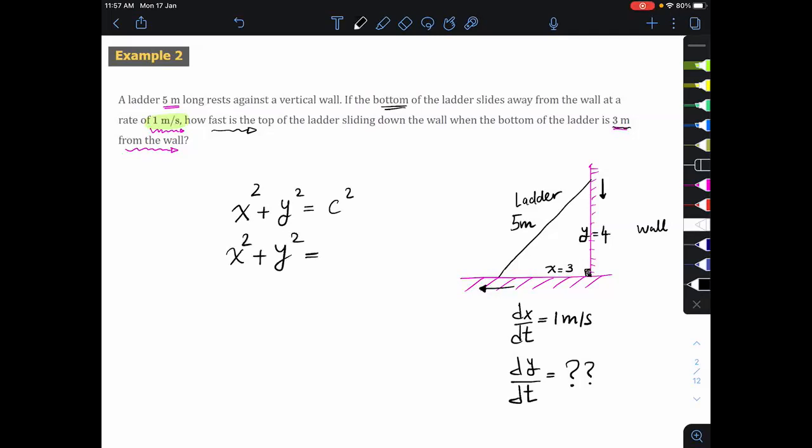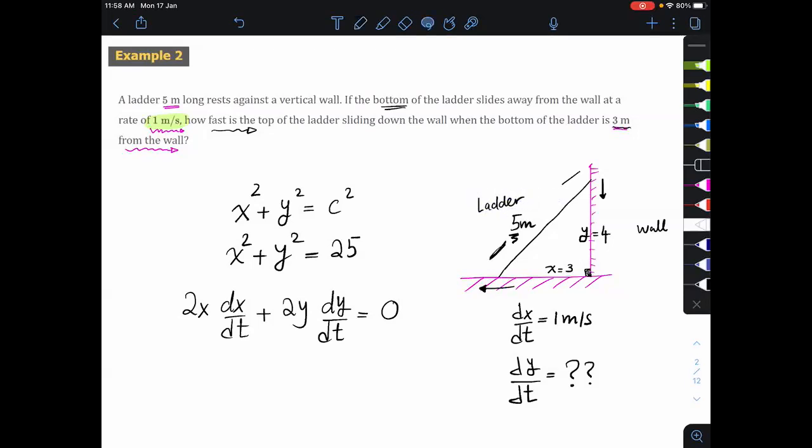It's 5 squared, since the hypotenuse, the length of the ladder, is 5, so 25. Then you differentiate with respect to time: 2x dx over dt plus 2y dy over dt, the unknown rate, equals the derivative of 25, which is 0.